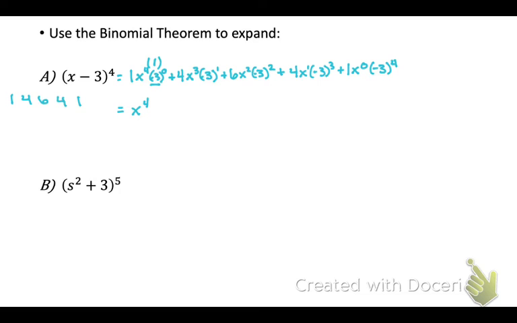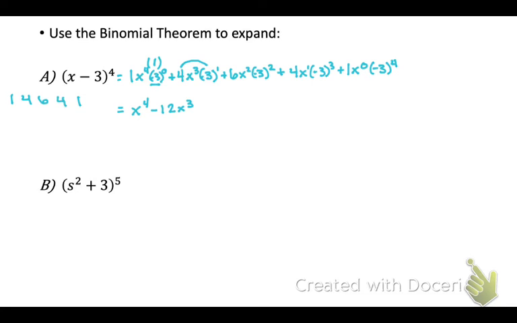Okay. So the next one, I have positive 4 times x to the third times negative 3 to the first. What is negative 3 to the first? Negative 3. So then I have negative 3 times 4, which is negative 12. So it's going to be negative 12 x to the third.